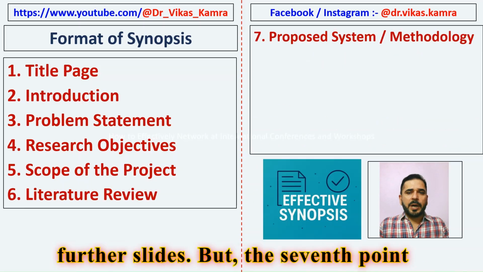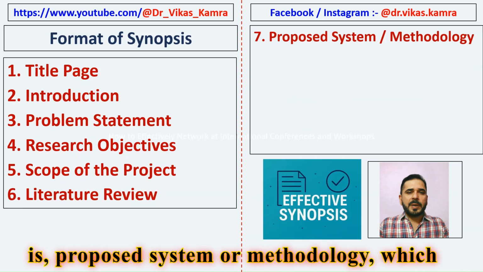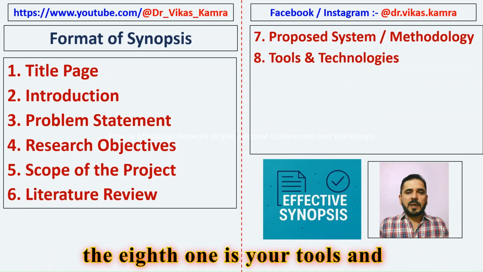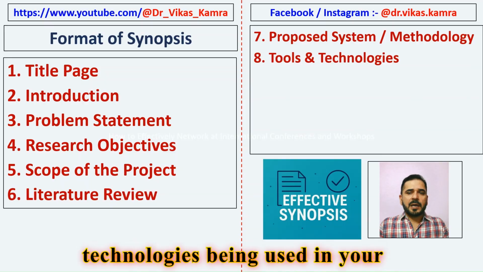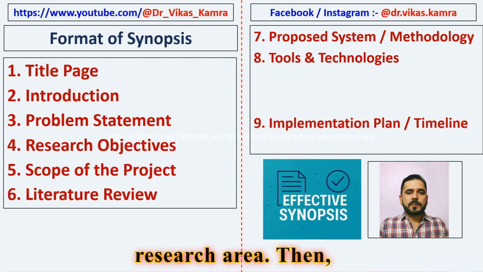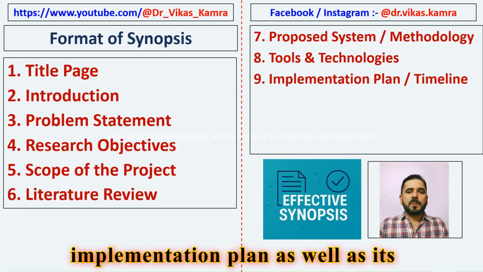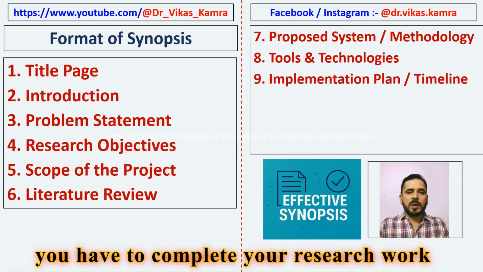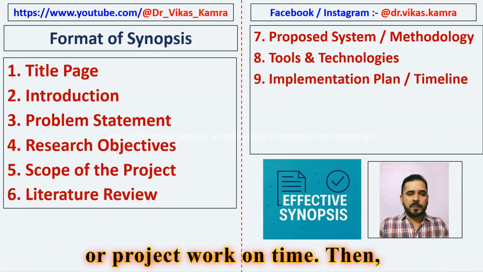The seventh point is the proposed system or methodology. Then the eighth one is your tools and technologies being used in your research area, then the implementation plan as well as its timeline. It is very important because you have to complete your research work or project work on time.